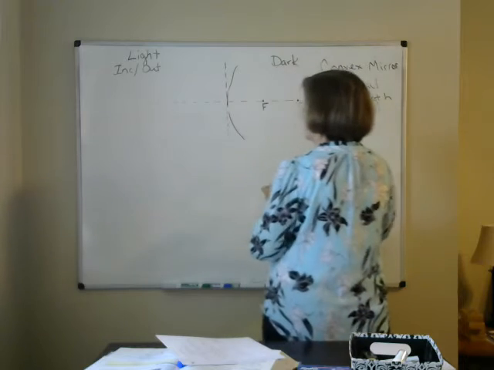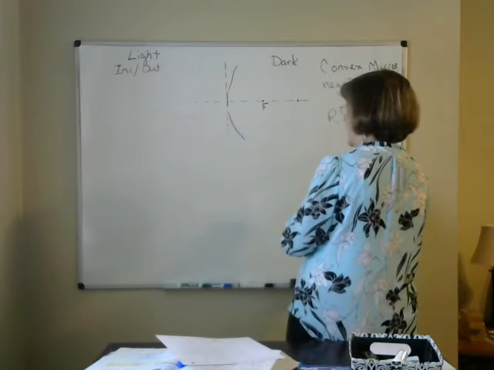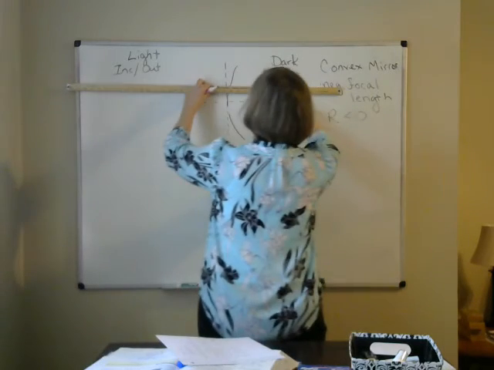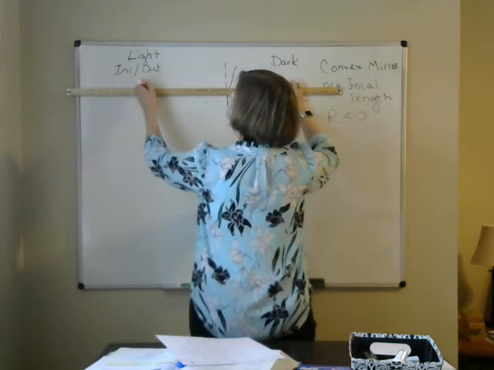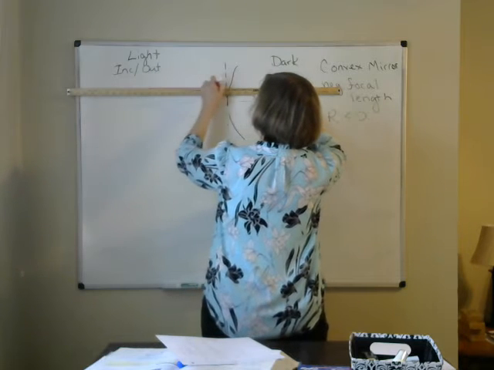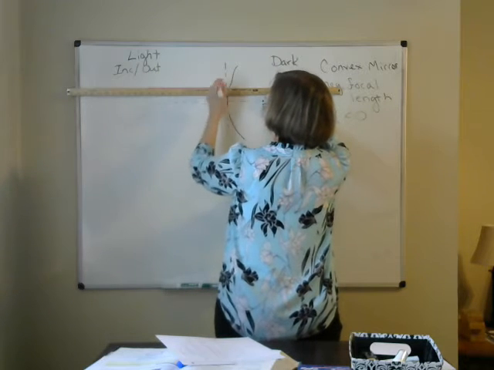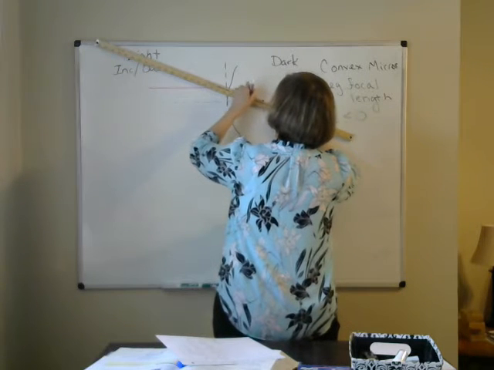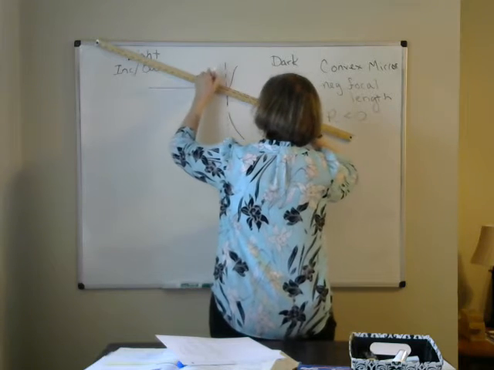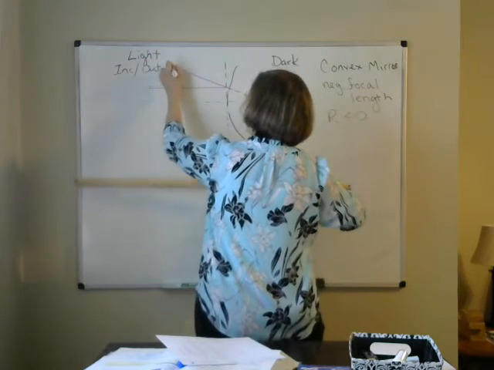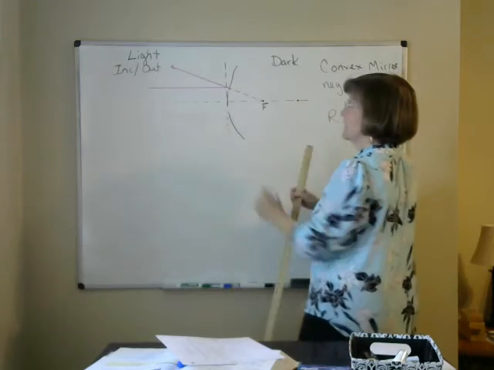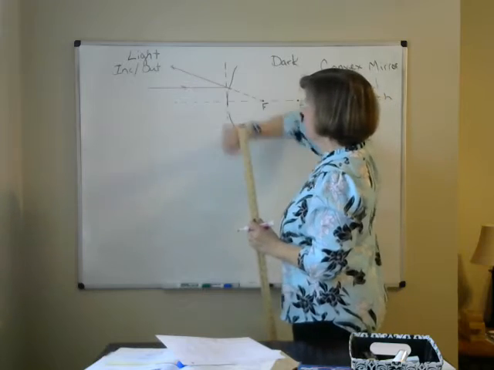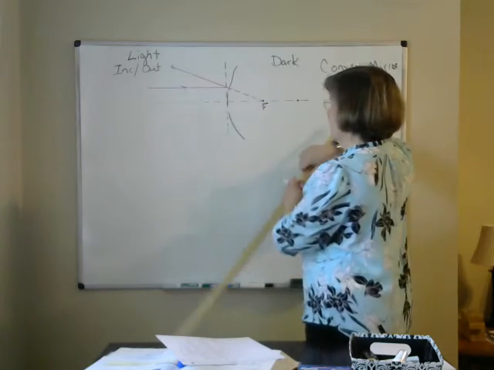If we have a parallel ray coming in and it hits the mirror, of course, it has to reflect off the surface of the mirror. But it reflects as if it came from the focal point. So it came in parallel, and when it hits this mirror, it's going to go reflecting off as if it came from the focal point.